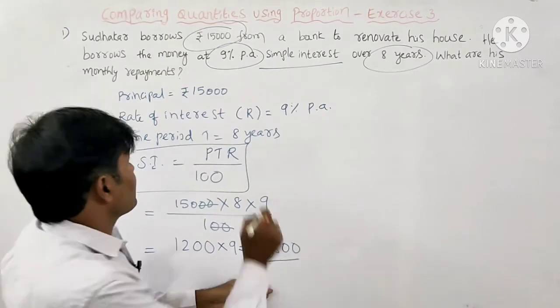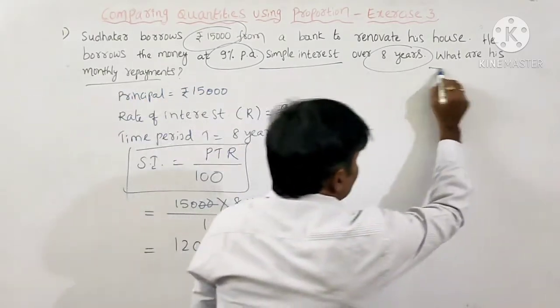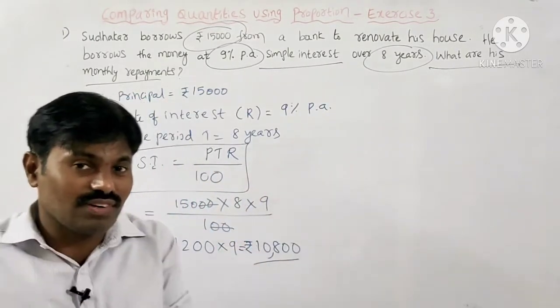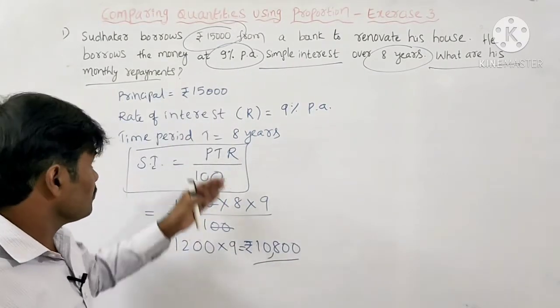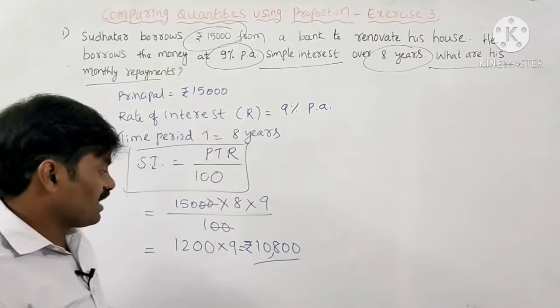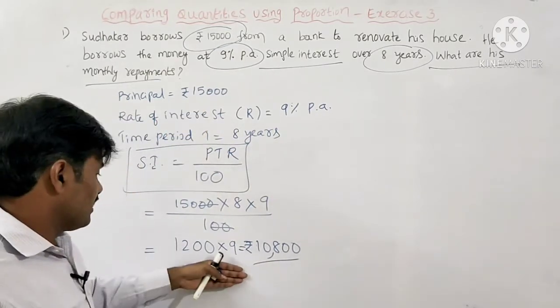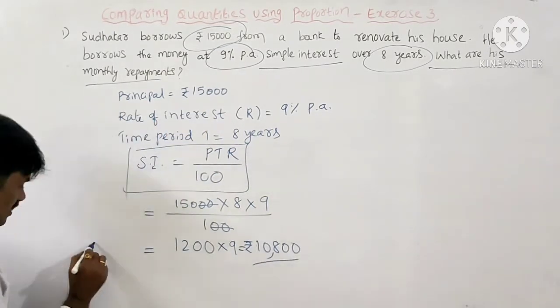But what is required here? They ask us to find monthly repayments. We have to divide it for each month. Actually, what is the amount here? We don't know. We know the principal and this is the simple interest.